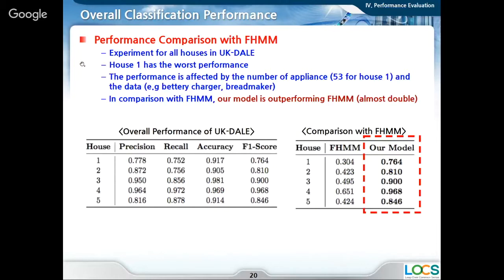And we implemented FHMM, which is the factorial hidden Markov model, and ran a test with the same data. And here is the result on the right side. Then you can see that the performance of our model is nearly twice as high.